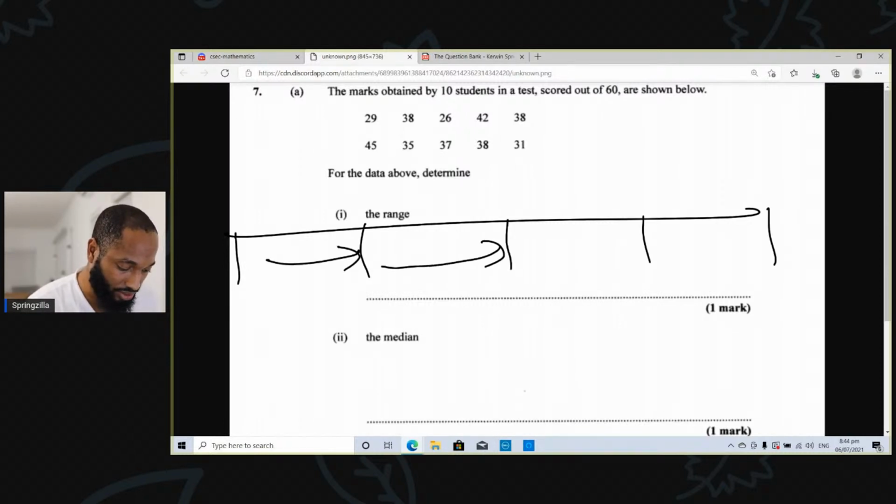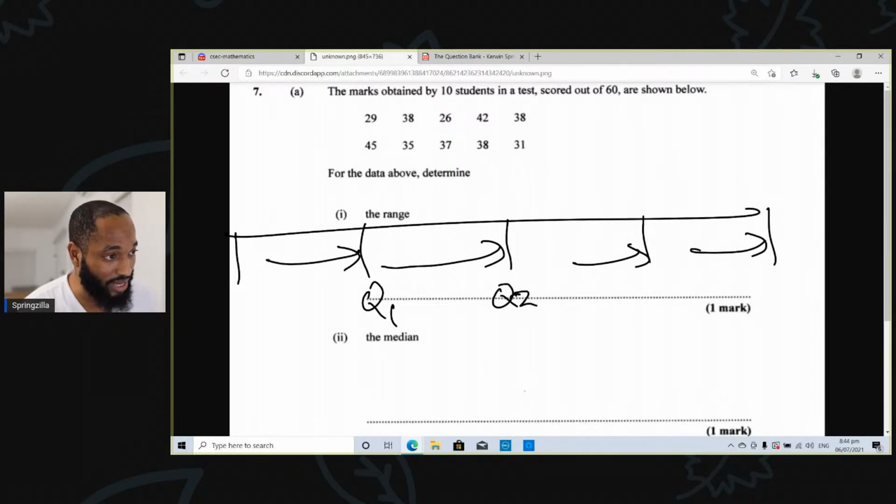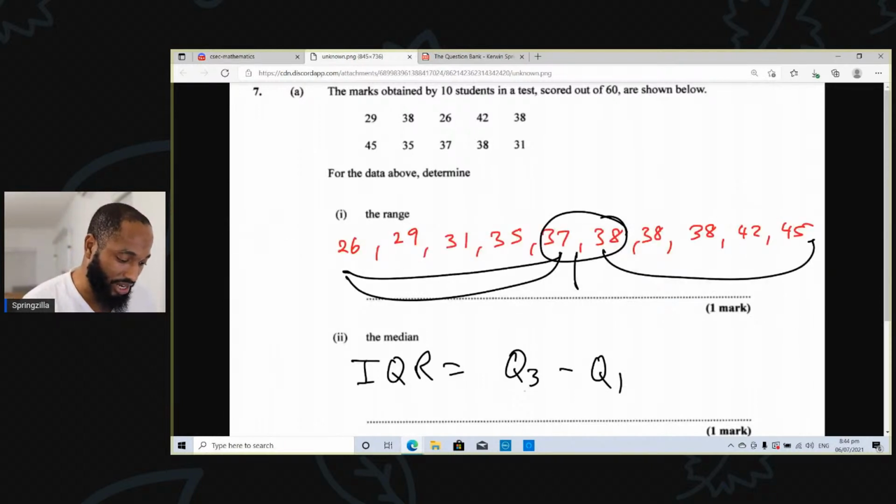Q1 is here, Q2 is what we fondly know as the median, Q3 is the median of the upper half of the data, and Q4 is the end, the highest part. Q1 is the median of the lower half of the data. So you're just trying to find the median of this half and the median of this half.